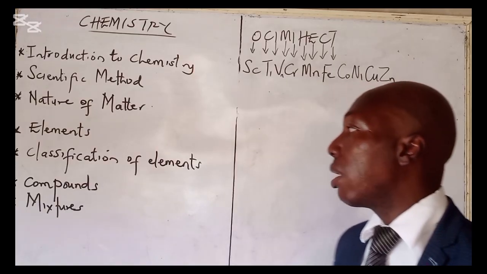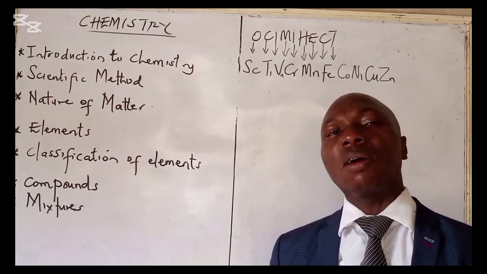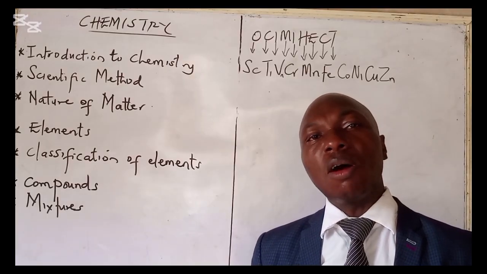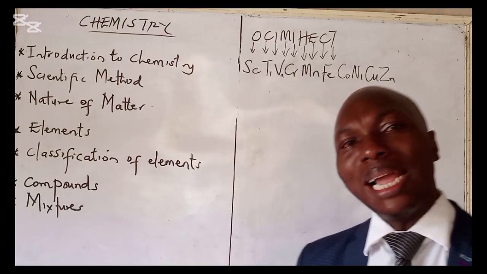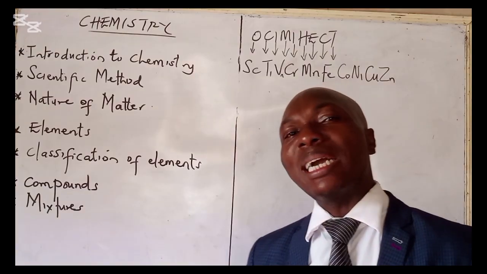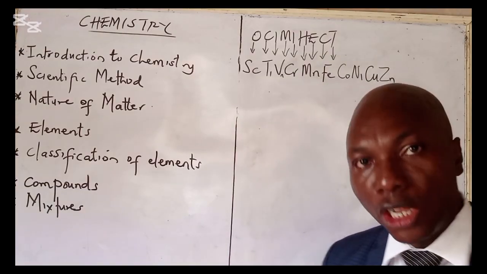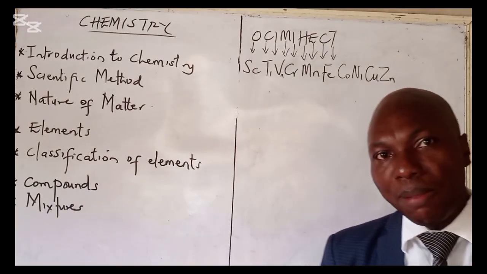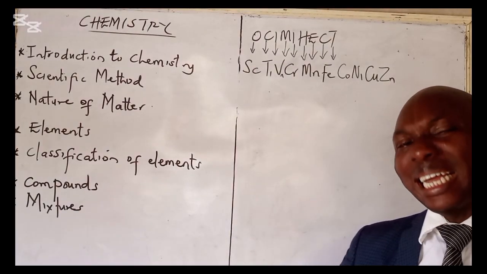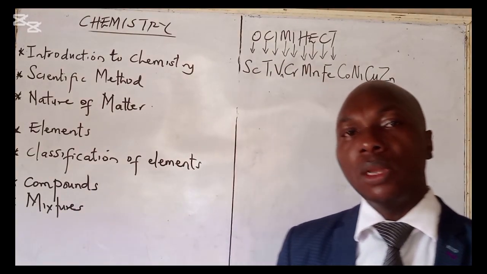We also move to what we call compounds. What is a compound? A compound contains two or more elements that are chemically combined together. Example of a compound is water, H2O. Hydrogen is the element there, two or more elements that are chemically combined together.